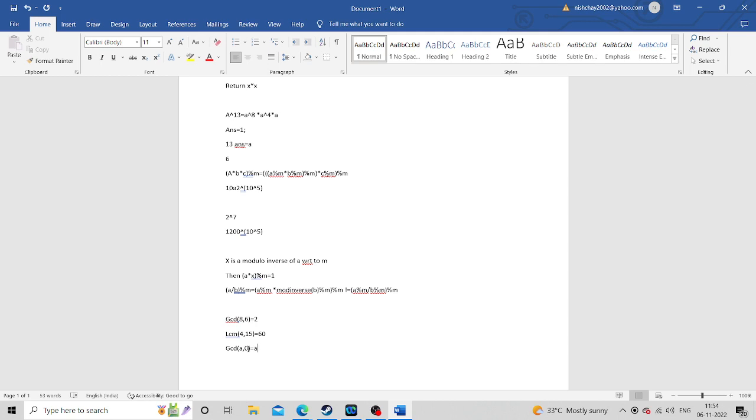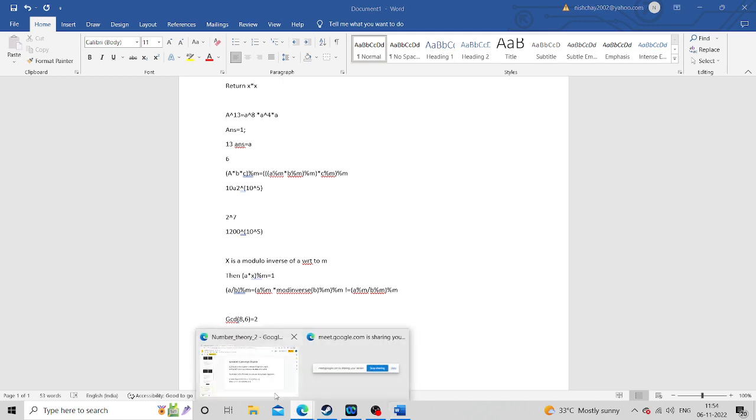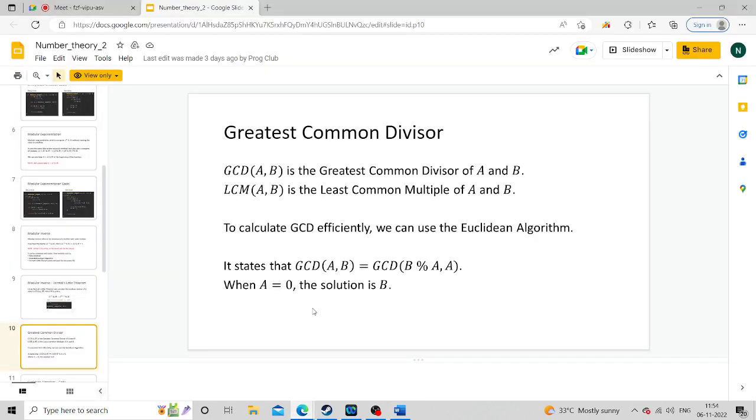So the largest number that is a factor of both A and 0 is A itself, because 0 is a multiple of everything. Okay, so this is clear to everybody.